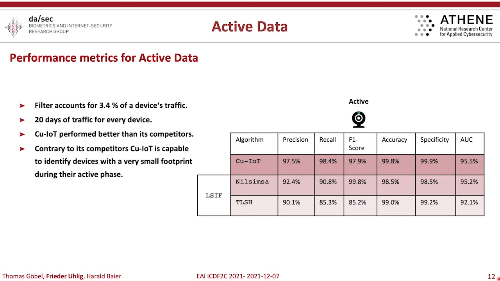The filter accounts for 3.4% of the device's traffic, and we were able to see that our solution with CU IoT outplayed its competitors with regards to devices that produce only a very, very small footprint, and that overall in their active phase produce a very tiny amount of traffic.